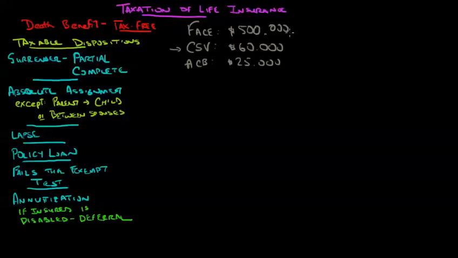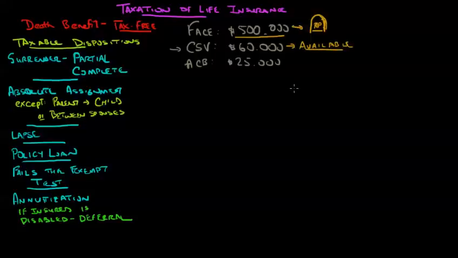So the awkward thing here is that in order to get the face value out, there's really only one way to do that, and it's not ideal for most people. This would involve the death of the life insured. So you're not going to get that $500,000 out easily. If you want to actually take money out of this insurance policy and have it to spend, the cash surrender value is what's really available.